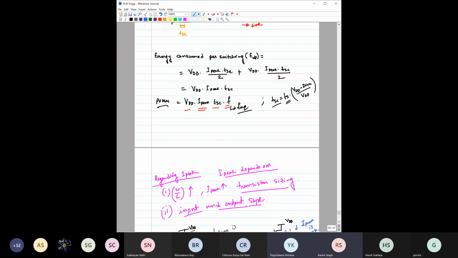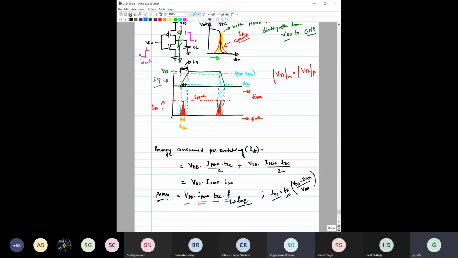And sir, on the previous page, how did you write the expression of TSC in terms of TS? Okay, so TS is the total time, from 0 to here. If you consider the total time here, till this VTH there is no current, because one transistor is off, right? And from VDD minus VTH to VDD, again another transistor is off. So both transistors are on only between this region.